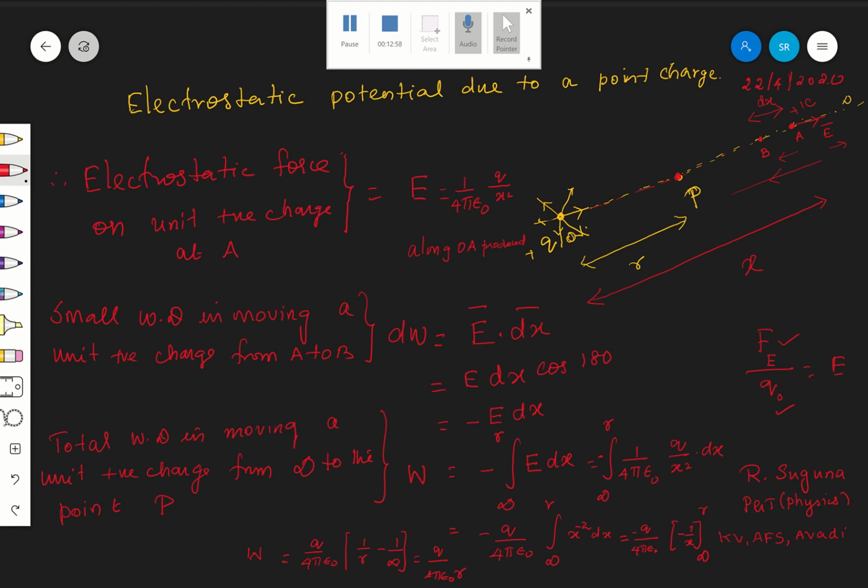And this work done in moving a unit positive charge from infinity to the point P is nothing but potential at that point.